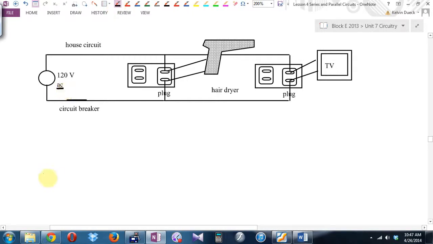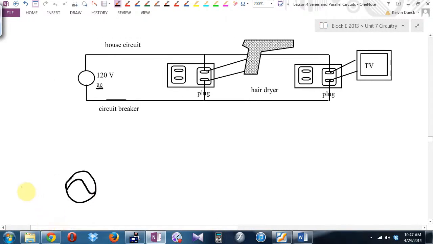The symbol for an AC voltage source, don't write this down, is not that. That's for direct voltage, for a battery. The symbol for an AC voltage source is a circle with a little wavy line to show voltage goes up, voltage goes down, like a little sine wave. So draw that and then put a little 120 volts next to it.